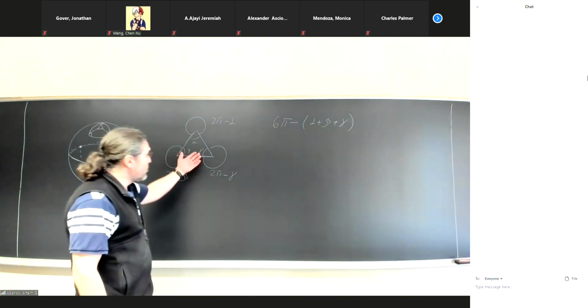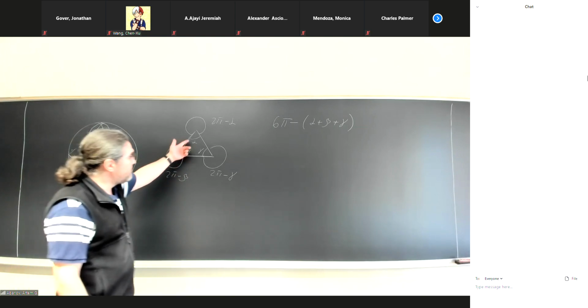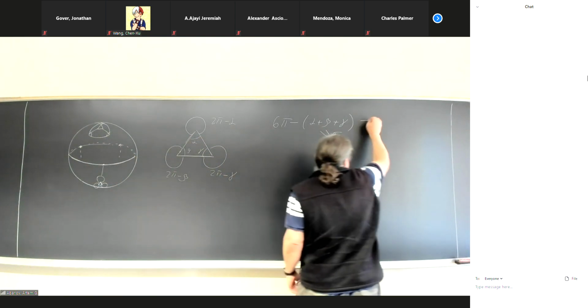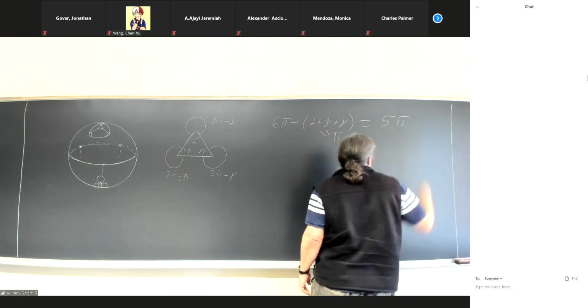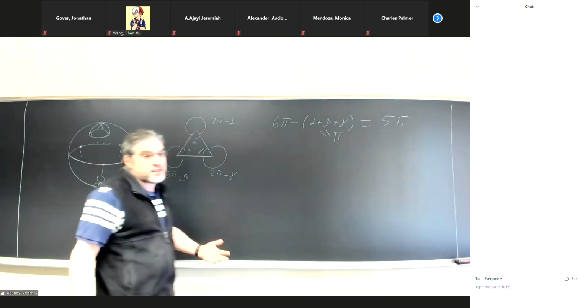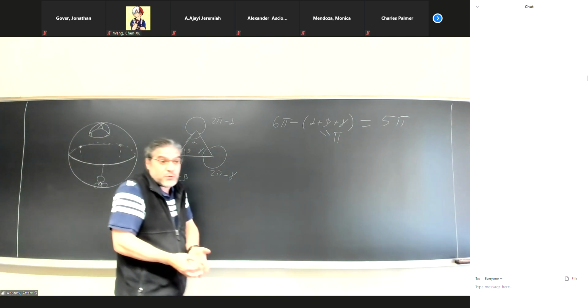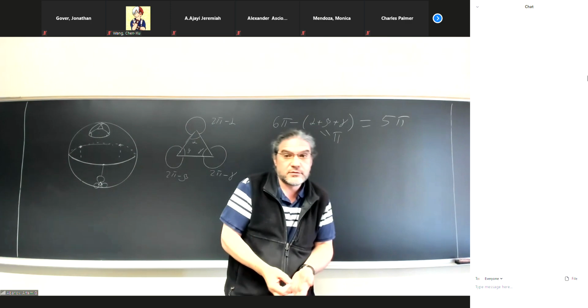But again, this is a normal triangle, so alpha plus beta plus gamma equals pi. So the answer is 5 pi. And this is the largest one because we increase it all the time up to this point where we cannot increase anymore. We came all the way.